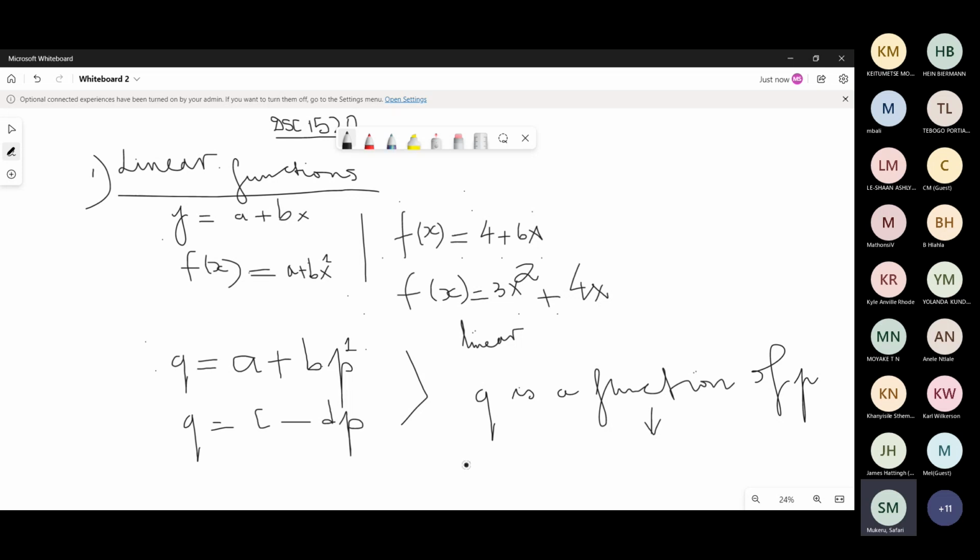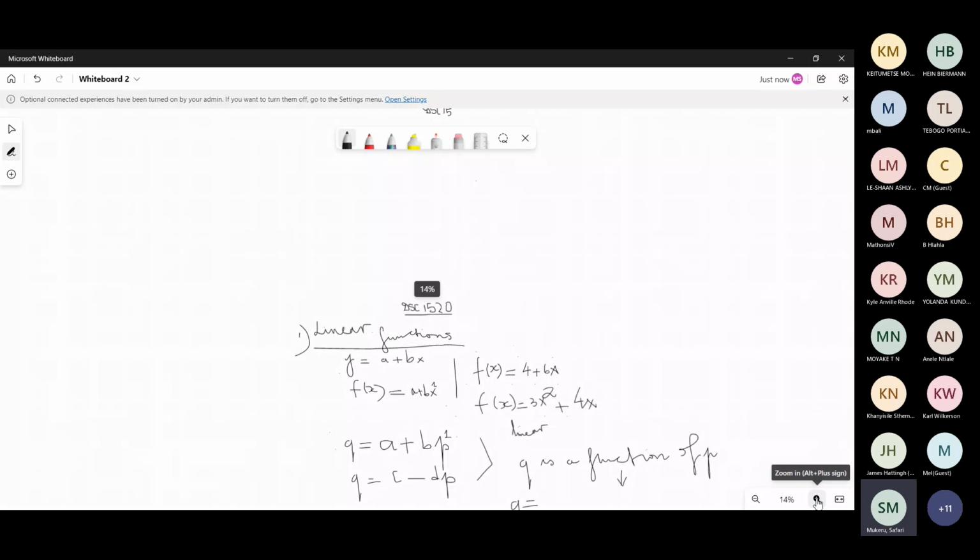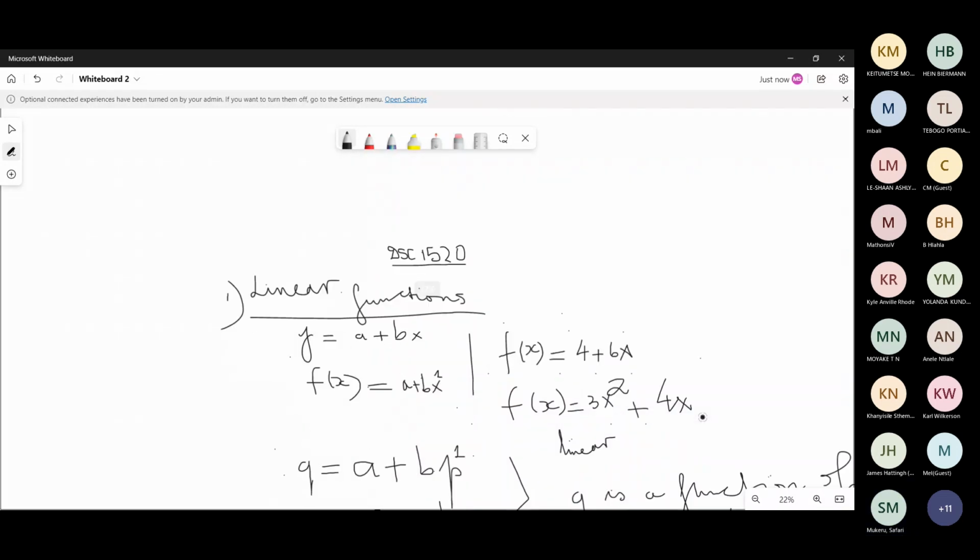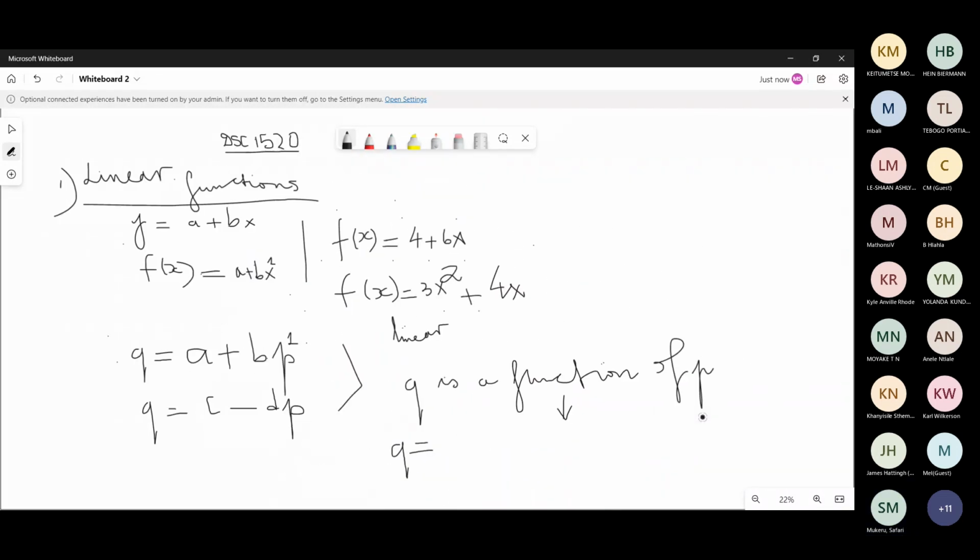I repeat, if we write, for instance, Q equals 4 plus 3P squared, right?